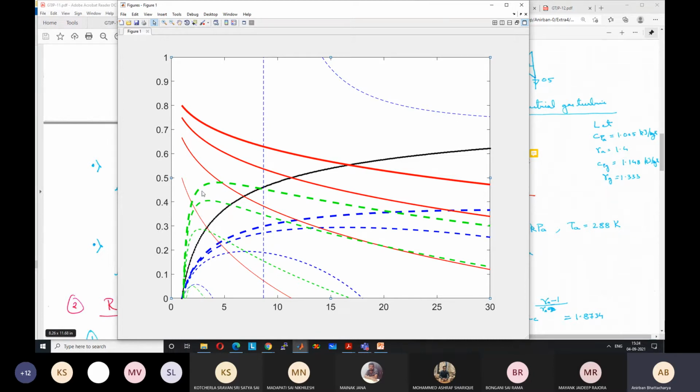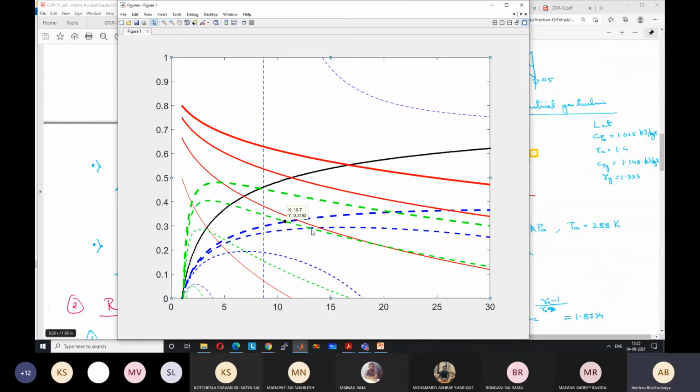Okay, T equal to 2, 3, 4, 5. You can see that again there are crossover points. For example, for T equal to 4, which is a more realistic value, the crossover is around 10 or 11, something like that, 10.7.